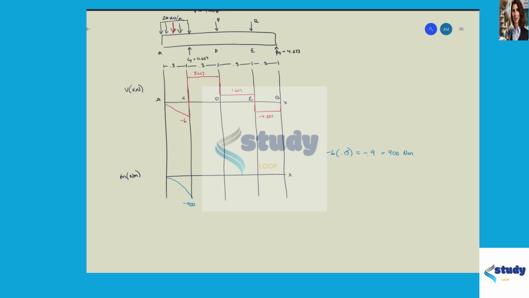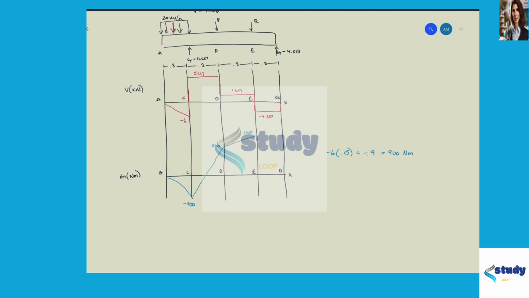and then we have a moment at D that we said was 800. So we're going to go upward slope of 800. Then we have another moment of 1300, so we go higher. Also a positive upward slope.